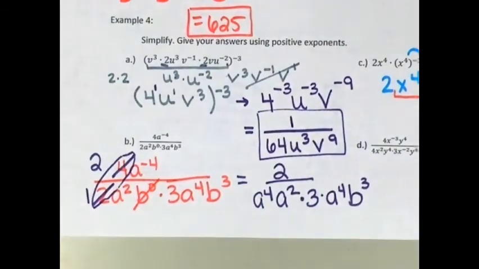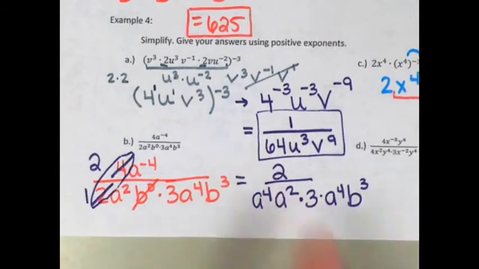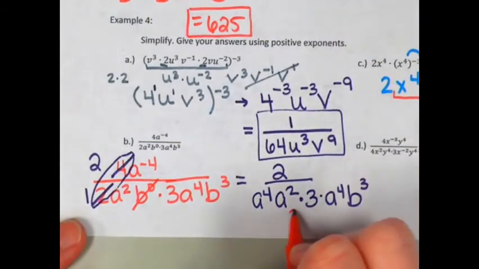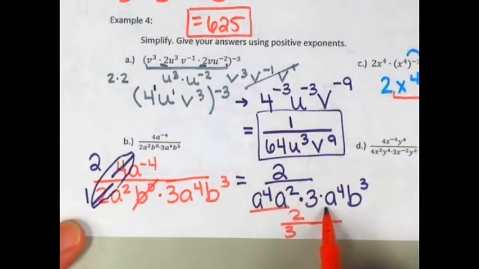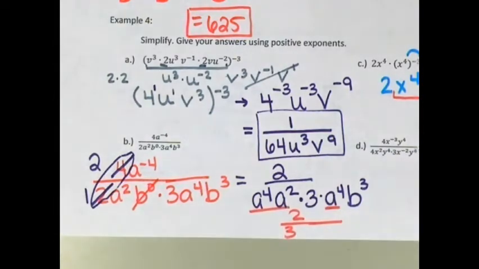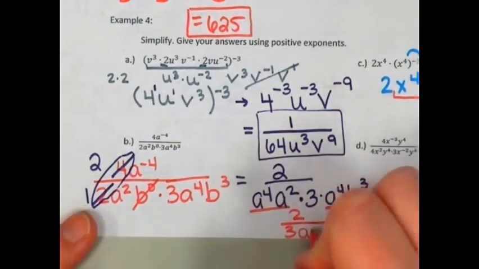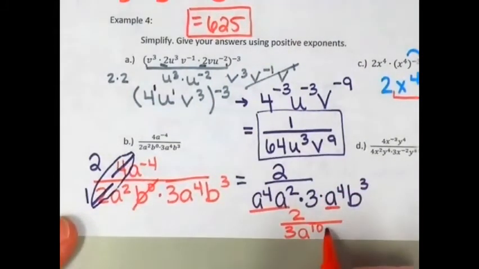You okay? All right. Now, 2 and 3, can I simplify the 2 and the 3? No, so we'll leave it as 2 over 3. Now, we're all multiplying. Can I combine all these a's on the bottom? A to the 8, 9, 10. Yep, a to the 10th, because we add those exponents. And then what am I left with? B to the 3rd. And that's your final answer.